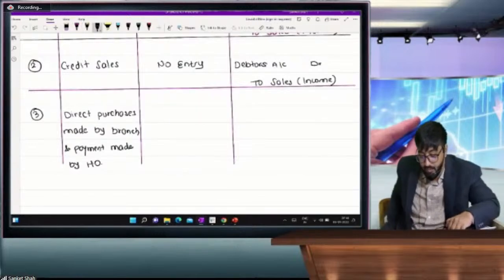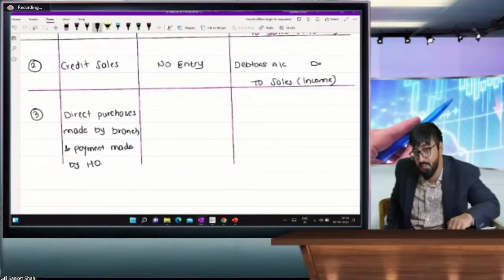Okay. Direct purchases. Don't write it directly. Direct purchases made by branch and payment made by head office. So waiting for your answer. Who is answering very fast? Head office की entry, branch की entry. Waiting.